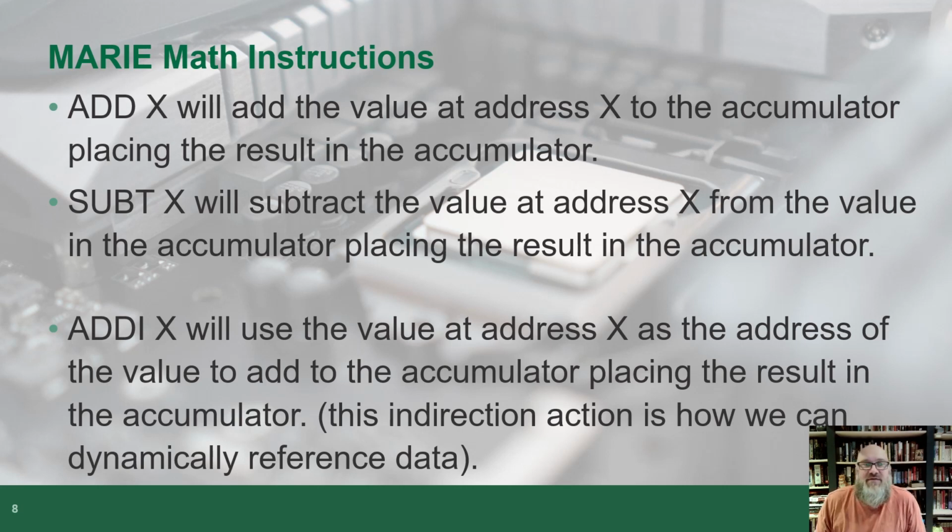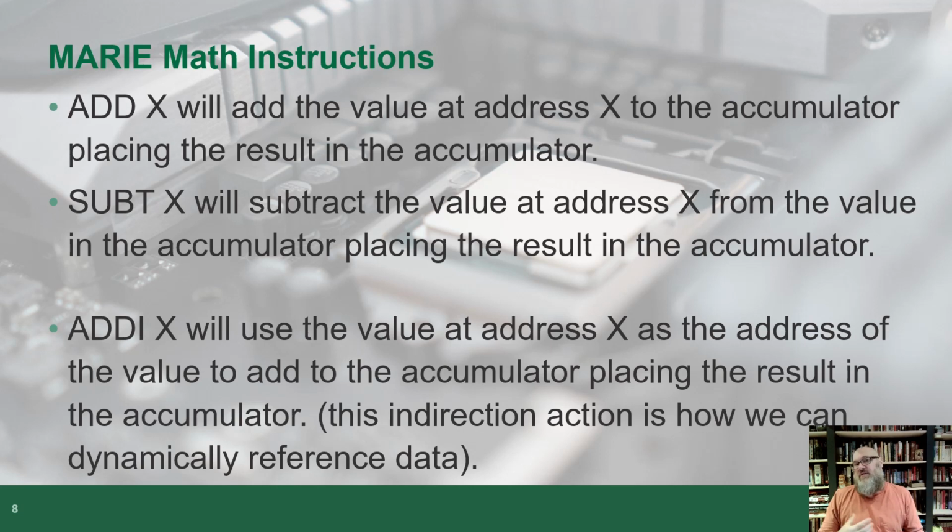We also have an indirect add, which allows us to use an address that we store in a memory address, so an address that points to an address, and that address that's inside it is used as the address to go and fetch the value that we're going to add to the accumulator.